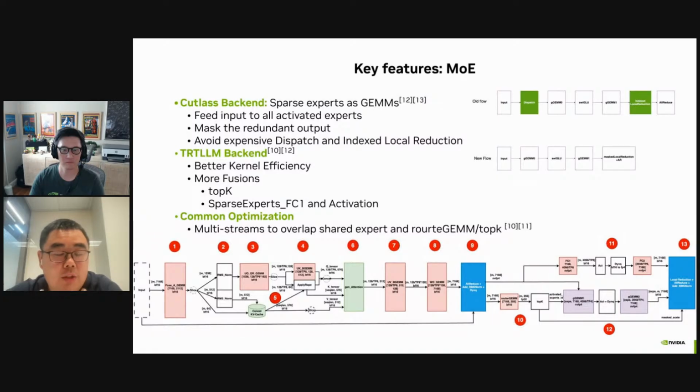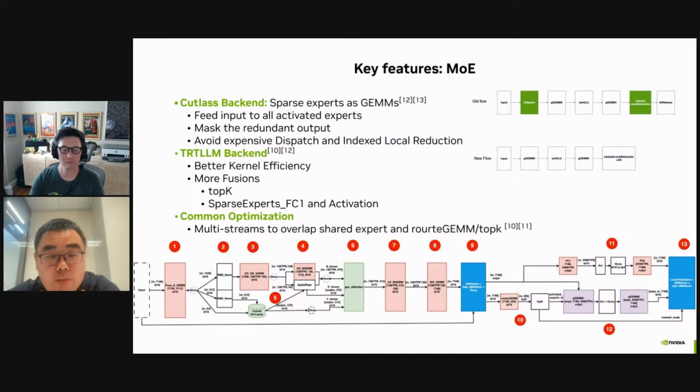Another backend is the TRT-LLM backend, and it provides better kernel efficiency and more fusions. That's better perf. We have tried our best to provide a stable and best performance. For both of the backends, there is a common observation.